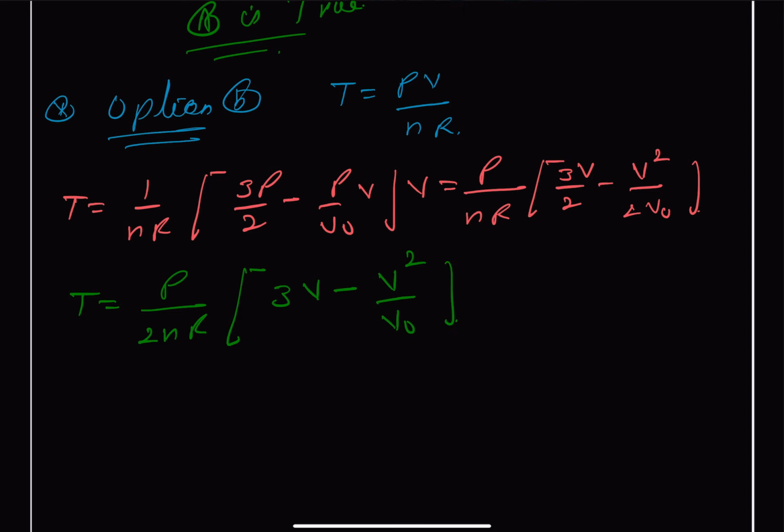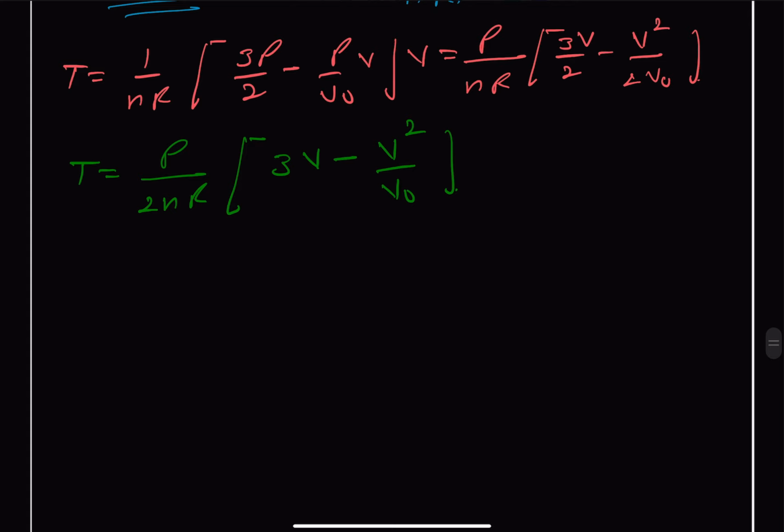And we say let the temperature at A be T naught, which will be equal to P times V naught upon nR.